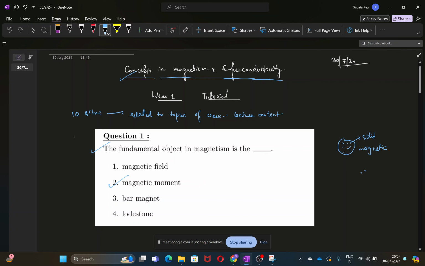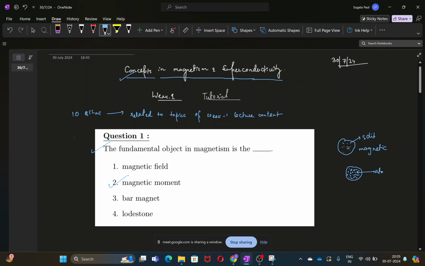Now, what is a solid basically? A solid consists of many atoms, right? If it is a solid material, then on the atomic scale you can see there will be many atoms that the solid is made of. Like these circles I am drawing inside, let's assume these are atoms which combined make up the whole solid object.